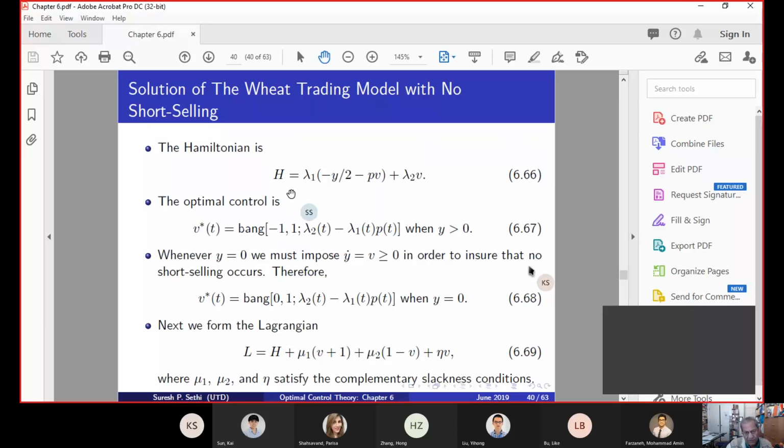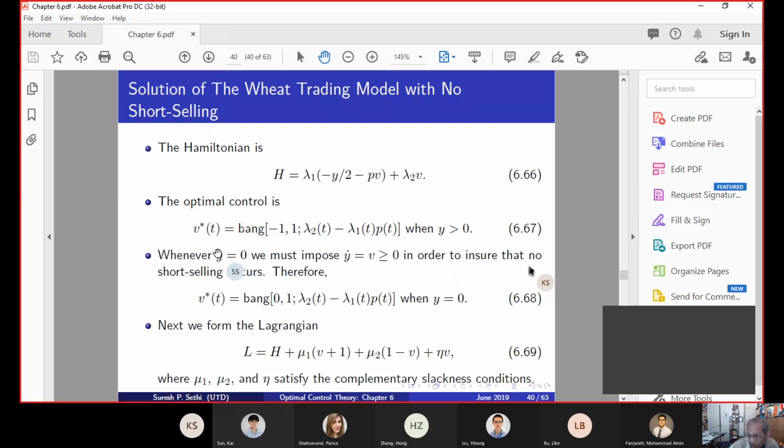Then the Hamiltonian is lambda 1 times minus y over 2 minus PV plus lambda 2 times V. The optimal control is bang-bang. When y is bigger than 0, it's bang-bang from -1 to +1. But when y equals 0, with the indirect maximum principle, we should impose a constraint y dot V equal to 0 in the Lagrangian.